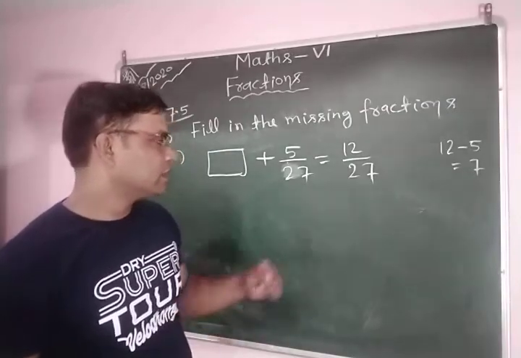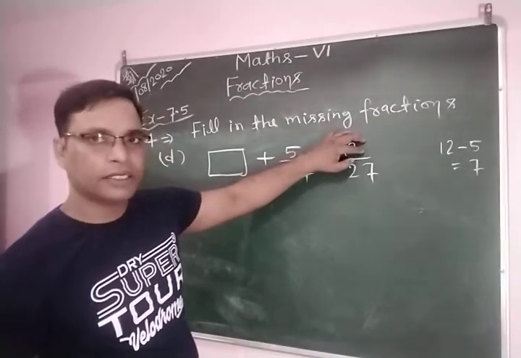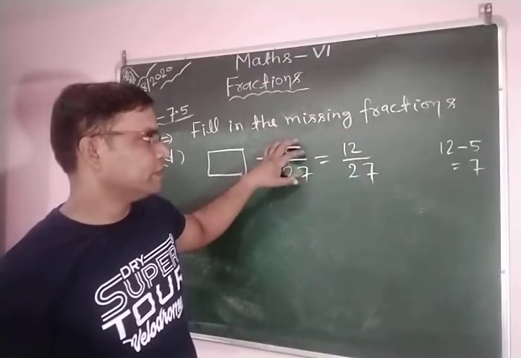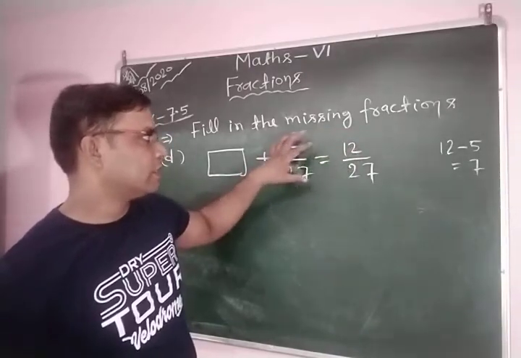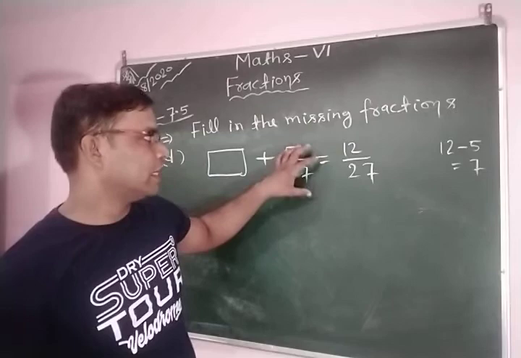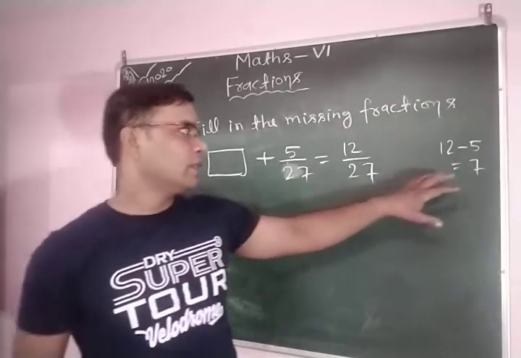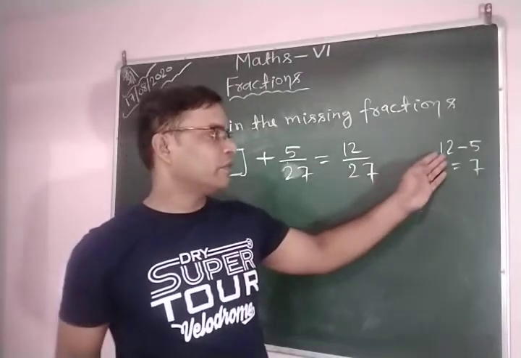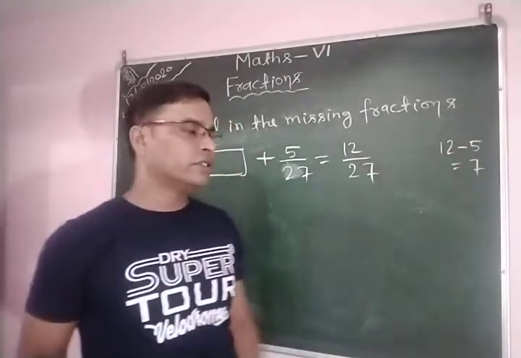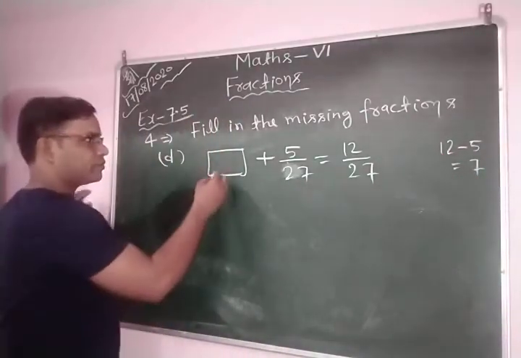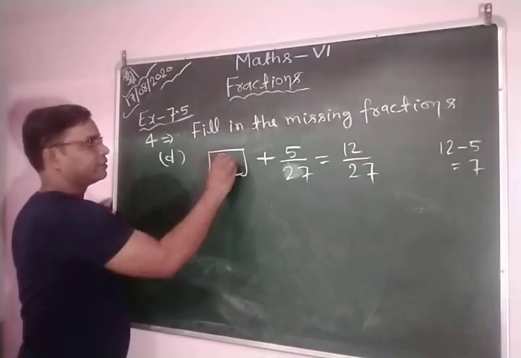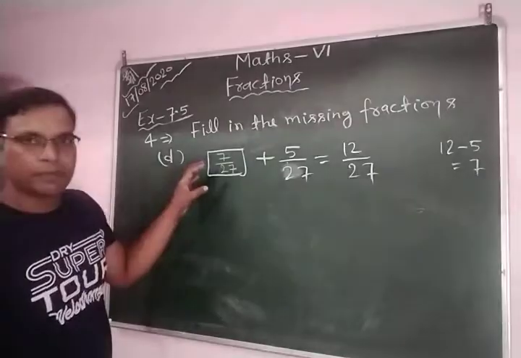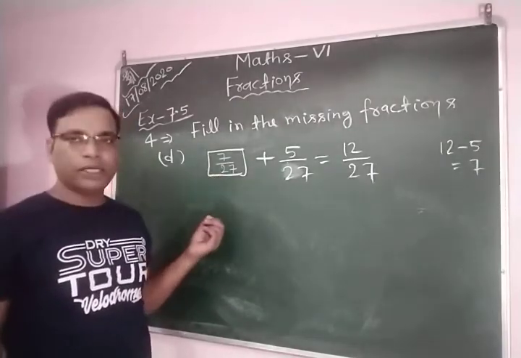For this we subtract: 12 by 27 minus 5 by 27, we obtain 7 by 27. Clear? So 12 minus 5 is equal to 7, so we can write 7 by 27.